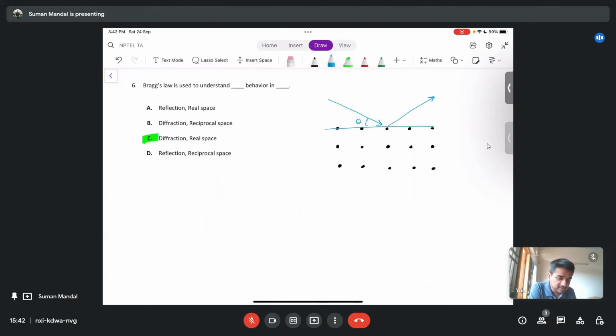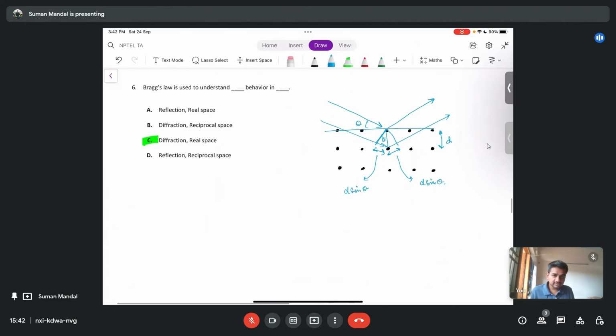Even in the bulk, waves will come and waves will go, so there's a path difference here. If this is the distance d and this is theta, then this is d sine theta, and even this is d sine theta. So if the net path difference, 2d sine theta, is an integral multiple of the wavelength, then we will see constructive interference.